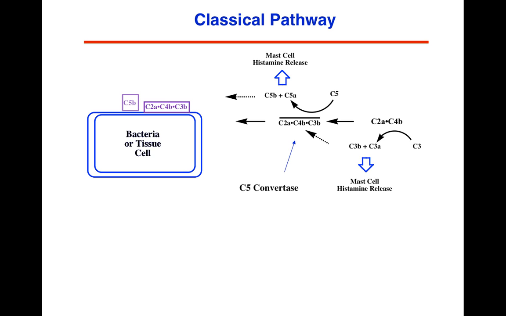And so what ends up happening is on the bacterial cell or tissue cell, your C5 convertase, then you start laying down C5b. And C5b turns out to be a structural protein. And so the C5b will now adhere to the bacterial cell.